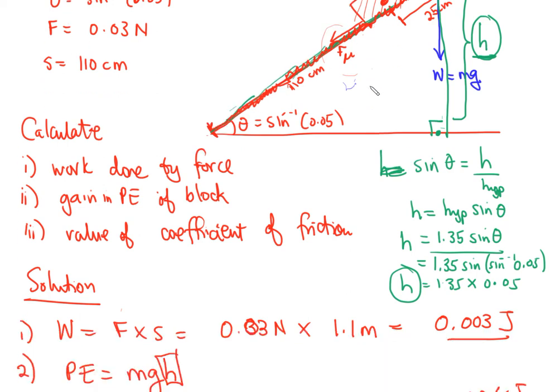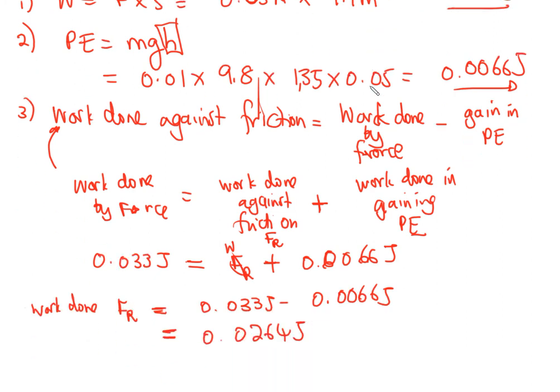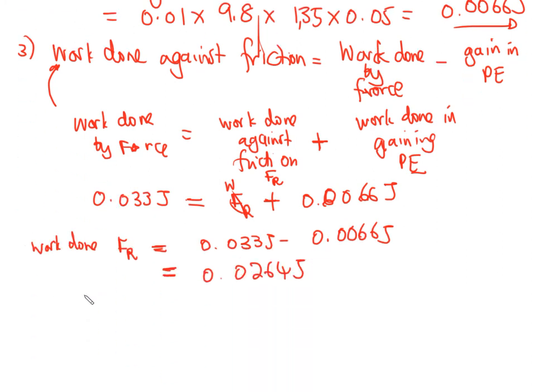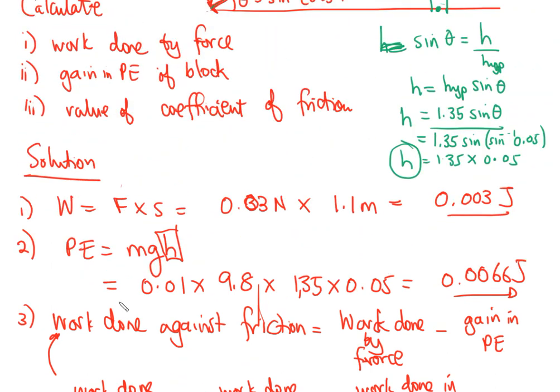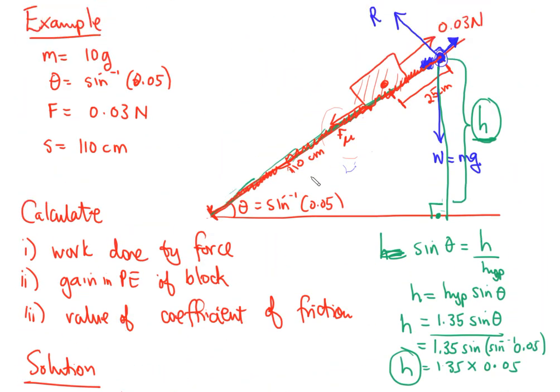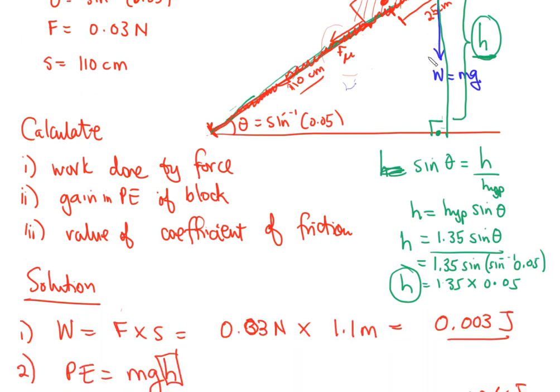So what is the work done by this friction? It is just going to be the force of friction times the distance that it traveled, that it worked. The distance that it worked is going to be 110 plus the 25 up until that point. I think you see what I mean.